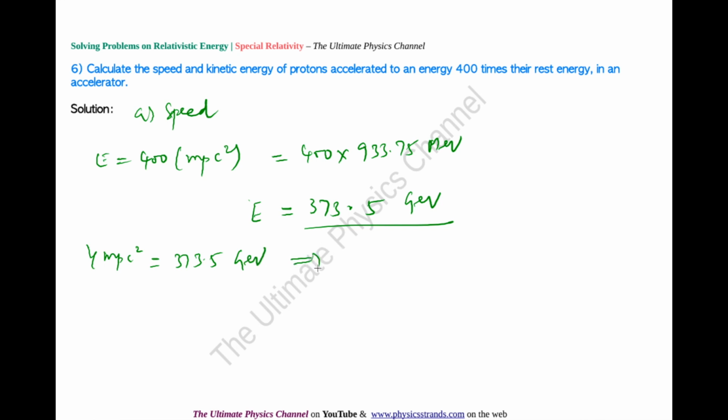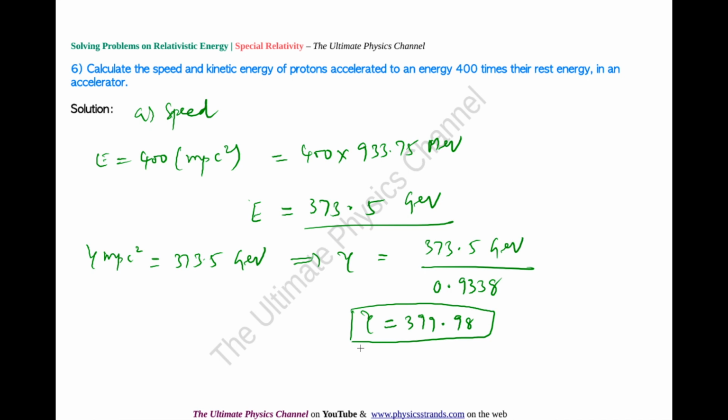From there we can calculate gamma, which is 373.5 GeV over the rest mass of the proton in GeV units, 0.93375. So the gamma turns out to be, in this case, 399.98.